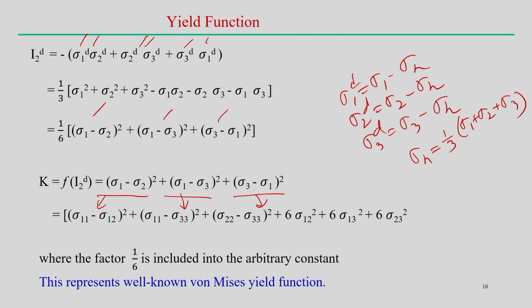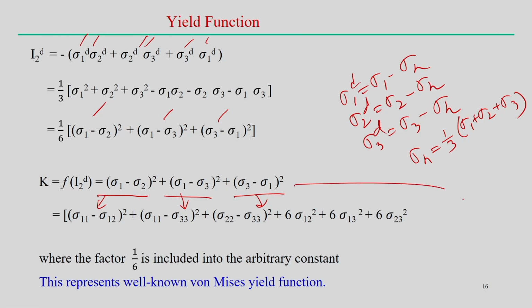The factor 1/6 is included in the arbitrary constant. Therefore, this functional form is the well known von Mises yield function that we normally use during simulation. In finite element simulation, we assume that the plastic deformation or equivalent stress follows the von Mises yield criterion, or von Mises yield functional form.